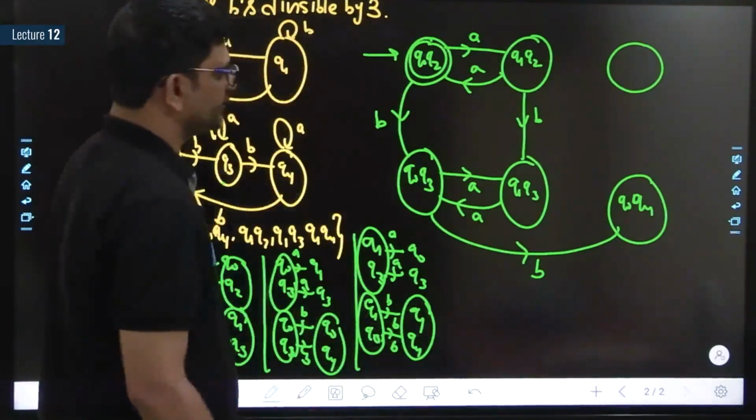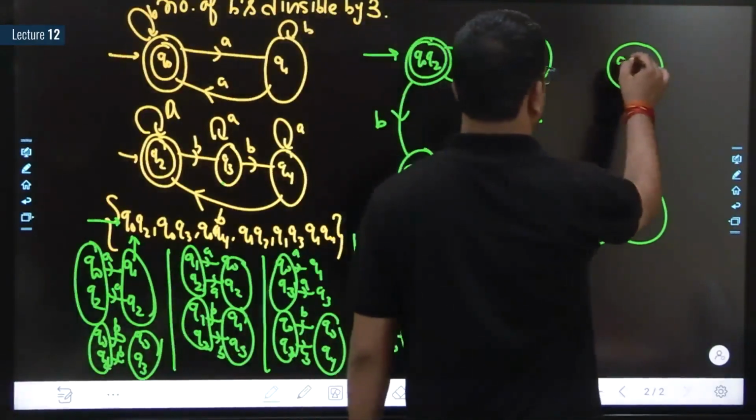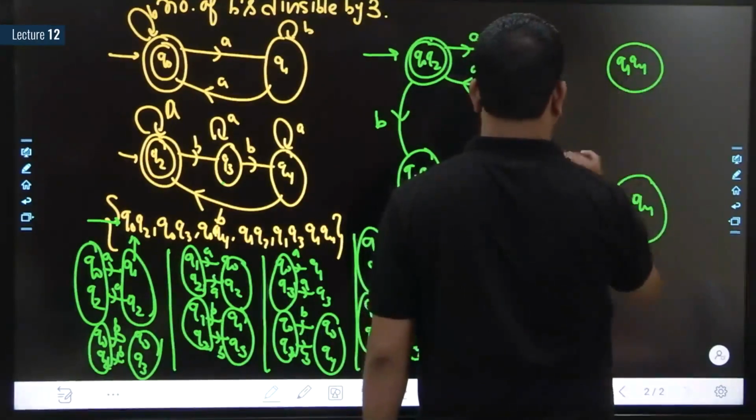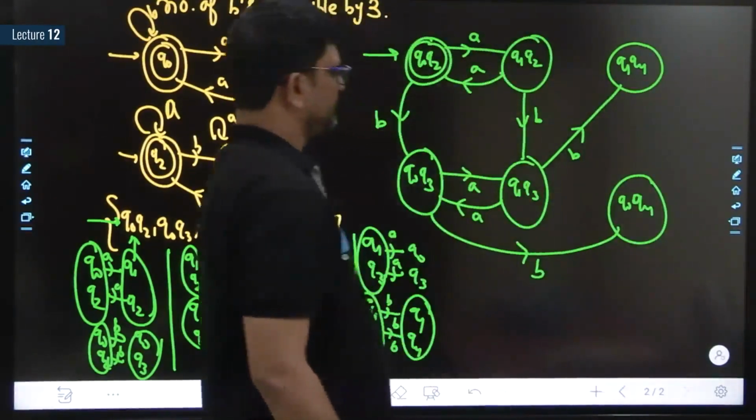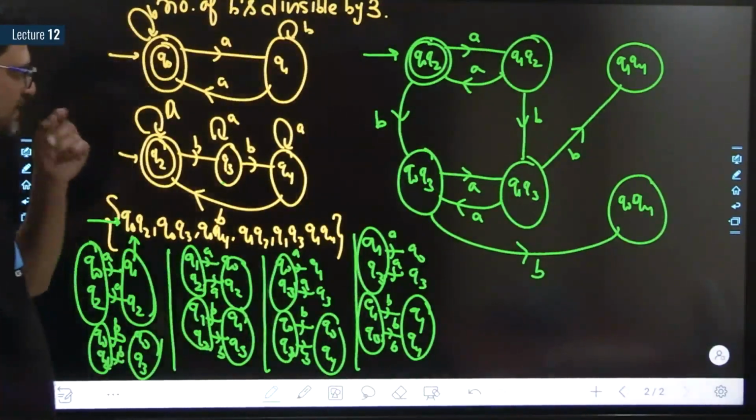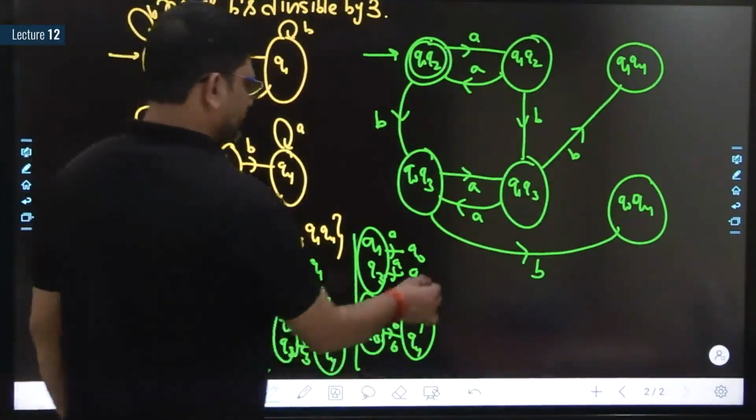Which one is Q1Q4? This is Q1Q4. Now, we have left only two states.